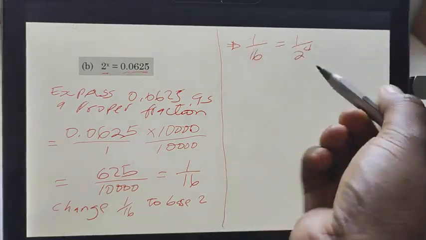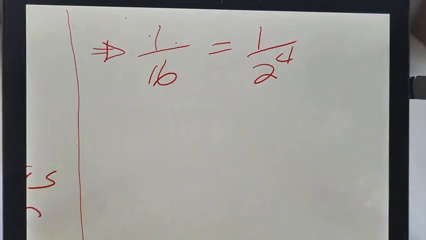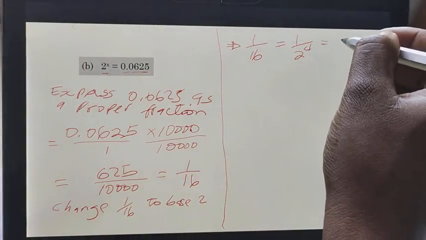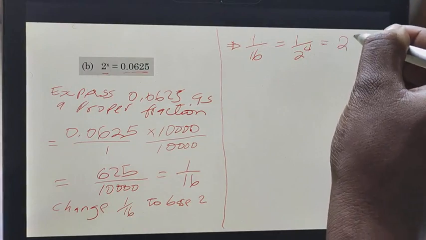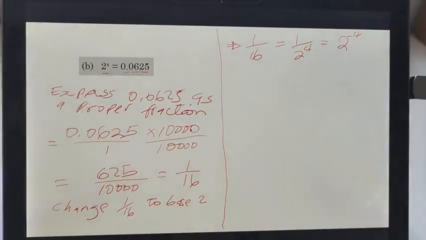We have shown that. And this one is the same as to say 2 to the power negative 4. I expressed this last time, so go and see how we did that. But that's that. Okay?